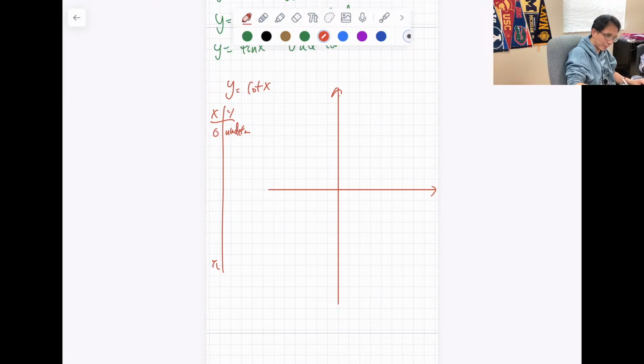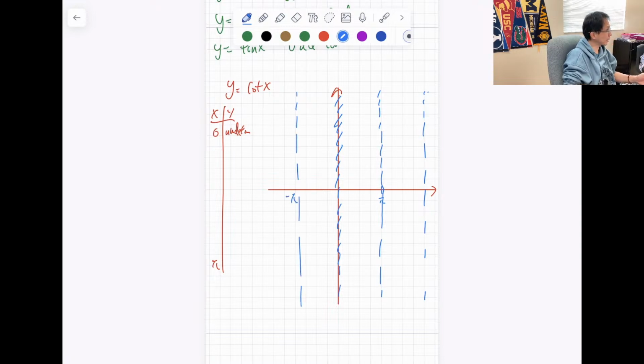I can live with that explanation. So I'm going to draw the asymptote at 0, and I'm going to draw an asymptote at pi. Actually, I'm going to draw another asymptote at 2 pi, so we're going to see all the things here. At negative pi, okay, so the asymptote is right here. Now, the middle between asymptotes is going to be the midline. The line is going to be right here.